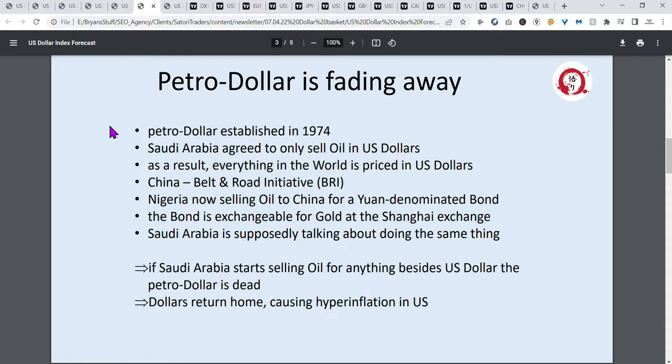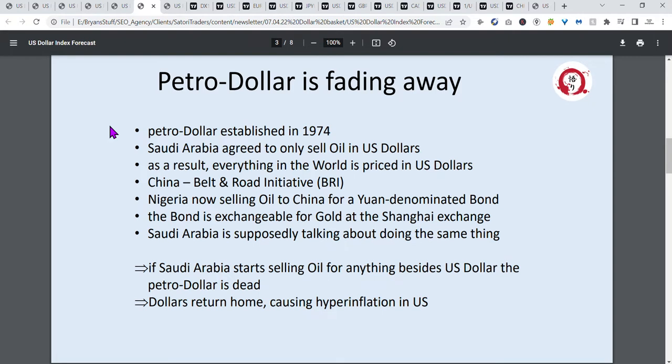So big deal. This yuan-denominated bond is directly exchangeable at the Shanghai Exchange for gold. And so Nigeria can take these Chinese bonds, go to the Shanghai Exchange, and walk away with gold. So this is essentially oil backed by gold via the yuan-denominated bond.